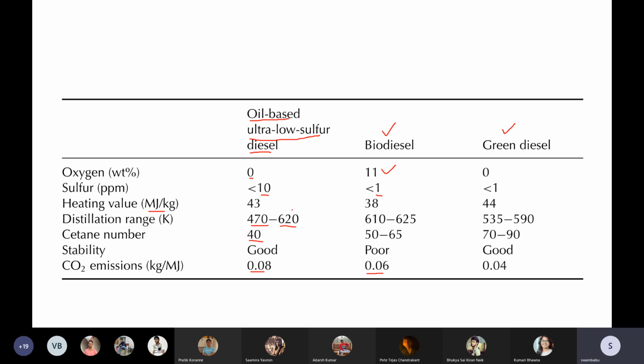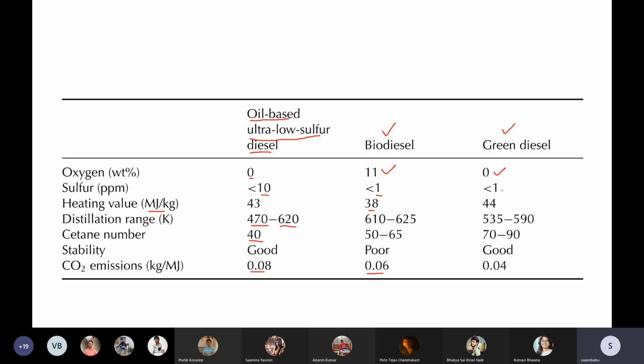SO3 is very dangerous; even if very trace amounts are present in the air, it causes more damage than other pollutants. Now, the heating value of biodiesel is slightly lower than the oil-based one, whereas green diesel has zero oxygen, because we completely separate out the esters. Previously esters were there, which is why oxygen was present, but here there are no esters, so there is no oxygen.